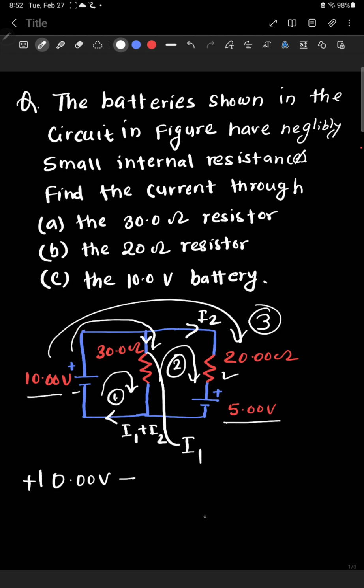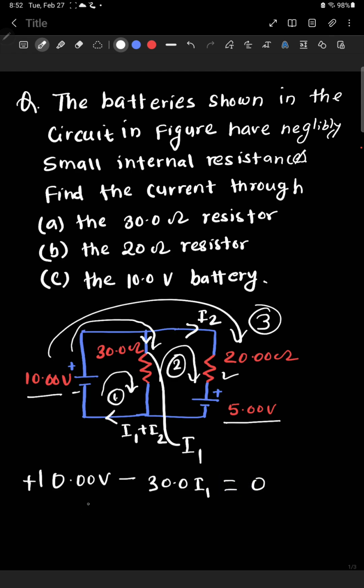That's why it will be negative, because there is a potential drop. So minus 30.0, which is the resistance, times the current I1. There are just two components in this electric circuit, one is the battery and the other one is this resistance. So this is equal to 0.